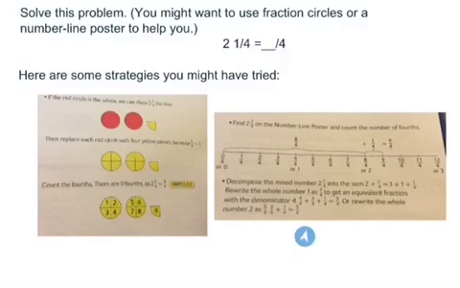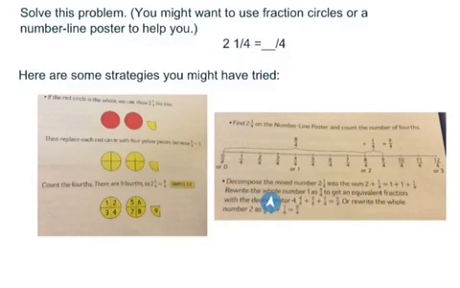Another one, if I want to use a number line poster and count the fourths, I could do it this way. So first I'm going to decompose the mixed number 2 1/4 into the sum of 2 plus 1/4. And I can take it even further to say that the 2 becomes 1 plus 1 plus a fourth.